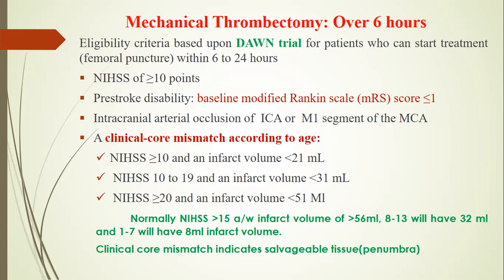Whatever symptoms you are getting will correlate with your CT scan or MRI score. If there is clinical core mismatch, that indicates there is some salvageable penumbra tissue making this mismatch. A little complicated, but you should know. Any doubts, ask me.